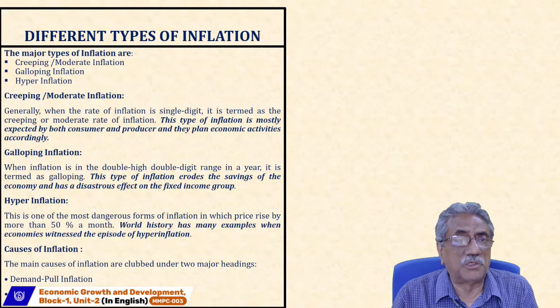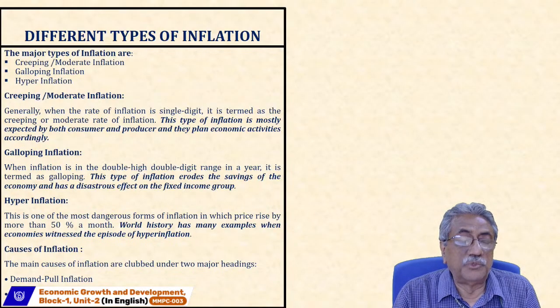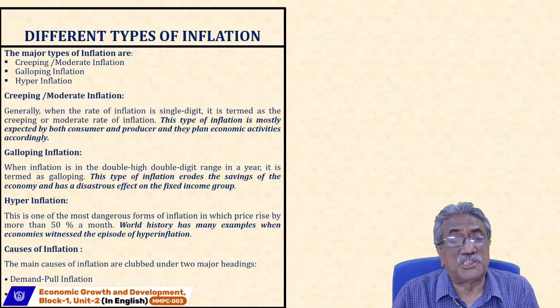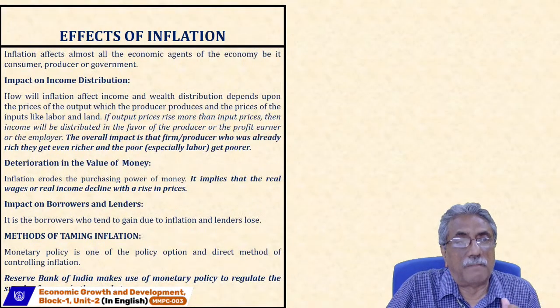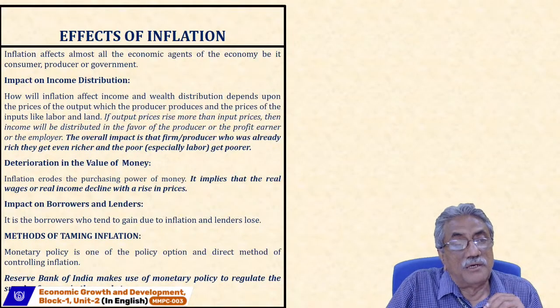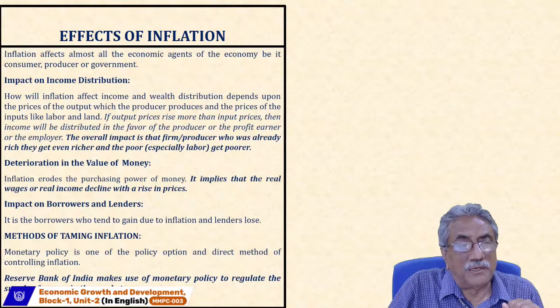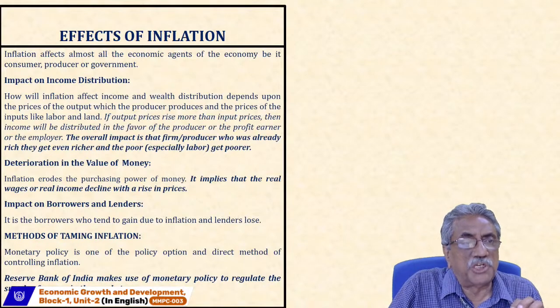So we have learned about inflation, which basically reduces your purchasing power. Now the effects of inflation: impact on income distribution, deterioration in the value of money. Income distribution, what is it?